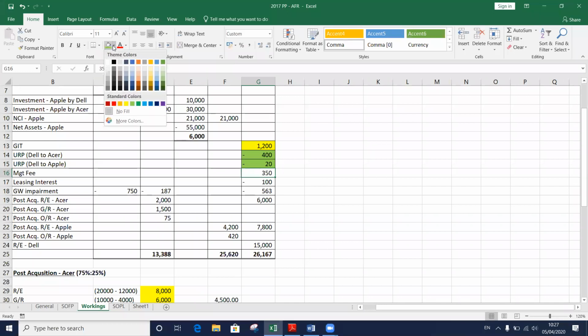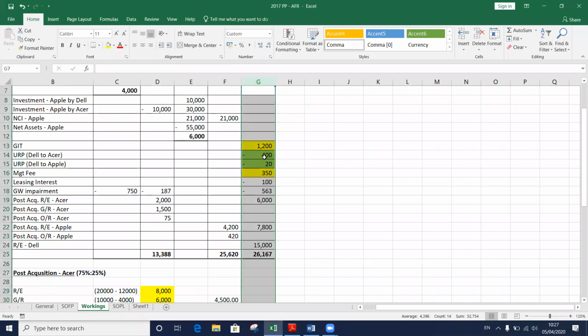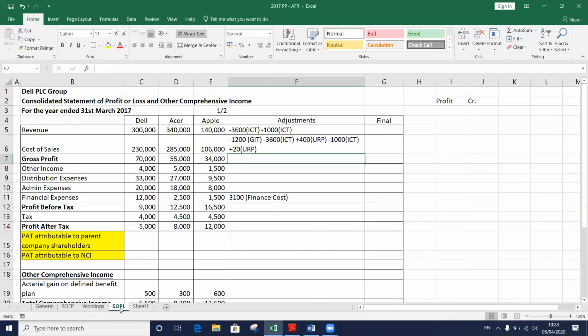Management fee. මේක අපි income එකක්ද expense එකක්ද? profit වැඩි වෙලාද තියෙන්නේ මේ 350 නිසා අඩු වෙලාද? වැඩි වෙලා. Right. එහෙනම් management fee කොතනද ඇත්තේ? Other income. Group එක අපේ parent company එක දිහා ඉඳන් බැලුවොත් මේ 350 other income එකක්.